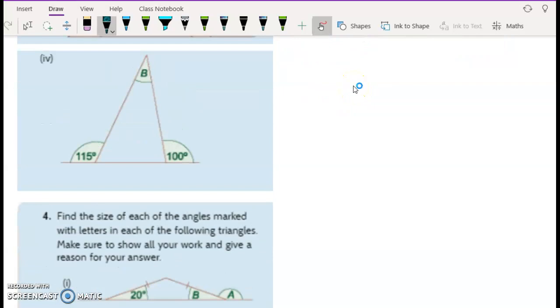Okay, I need to know angle B. Well, there's a few ways I could do this, but if I know this straight line, so that's 180, so that's 80. Okay, and if I want to know what angle B is, I know that 115 equals B plus 80. Okay, swap them round.